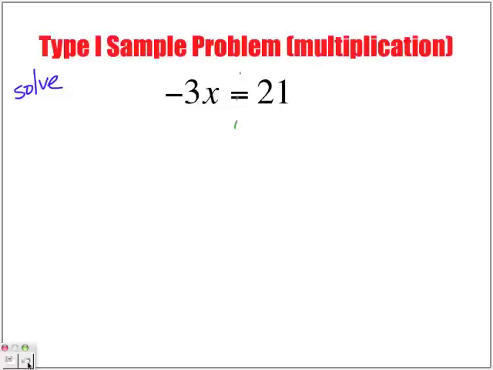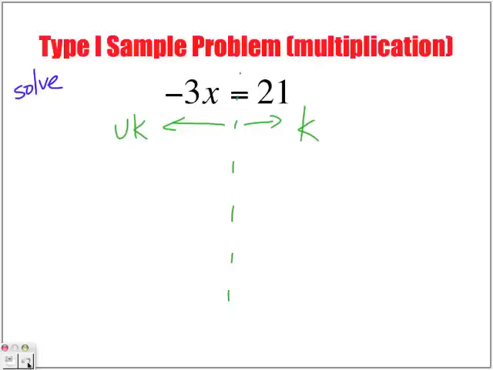Again, same thing. We want to separate our unknowns from our known values. And one of the great things about multiplication and division in these type 1 equations is that usually the steps are already set, and this really goes more with the multiplication.